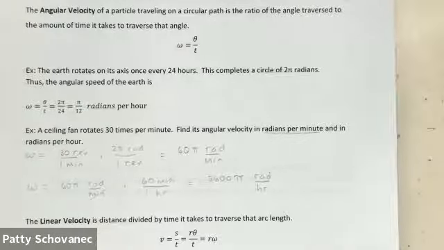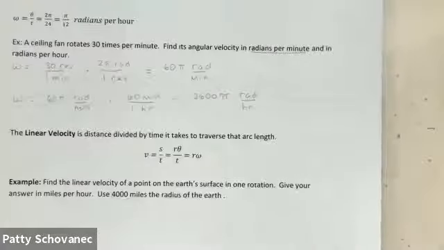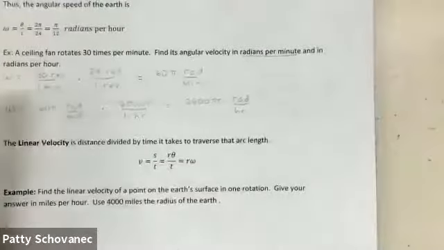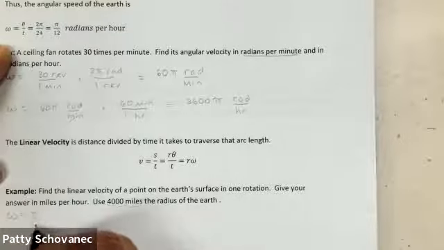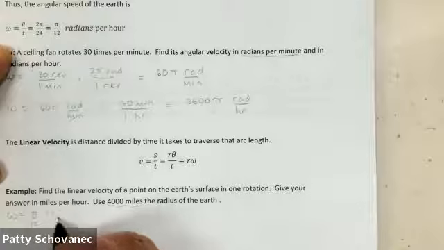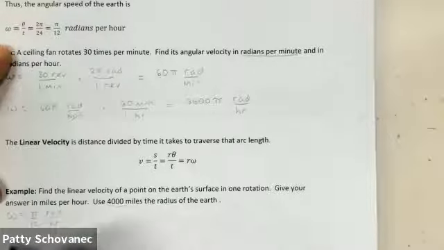I give you the radius of the Earth in miles, 4,000 miles, about 6,400 kilometers. And we want to put our answer in miles per hour. So from the earlier example, we had that omega was pi over 12 radians per hour, and the radius is 4,000 miles.